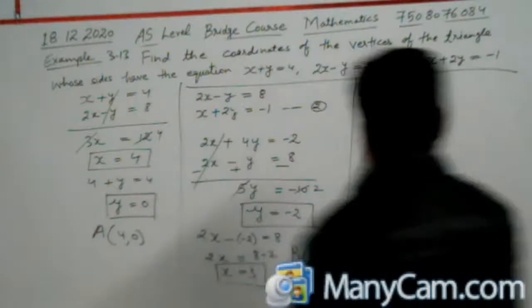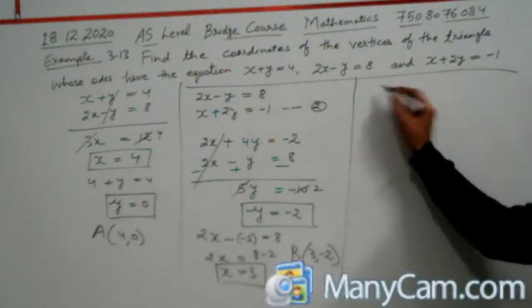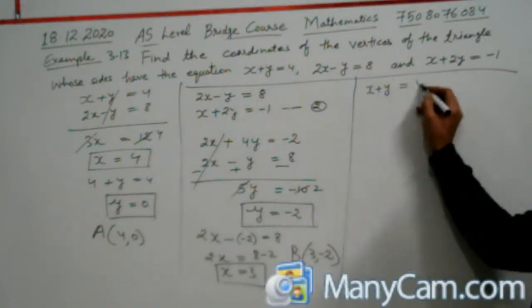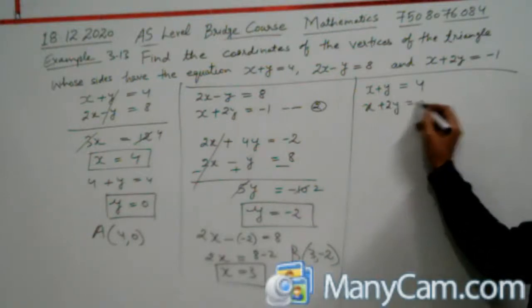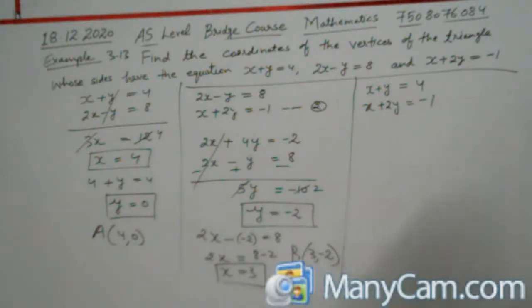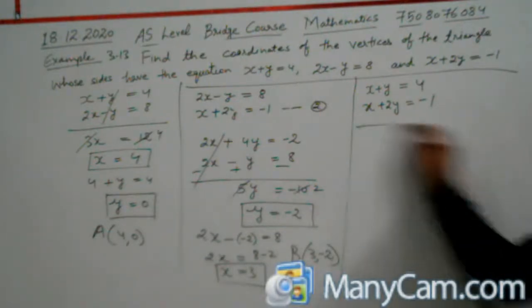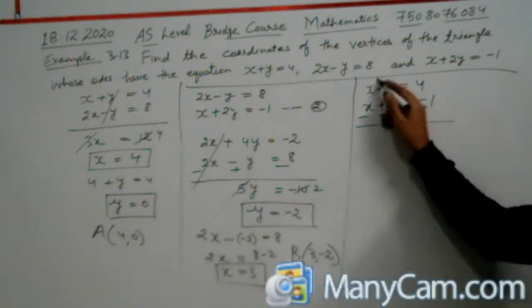For the last point of the triangle, the lines given are x plus y is equal to 4 and x plus 2y is equal to minus 1, the first and third. Here we can subtract one from another, and x cancels.